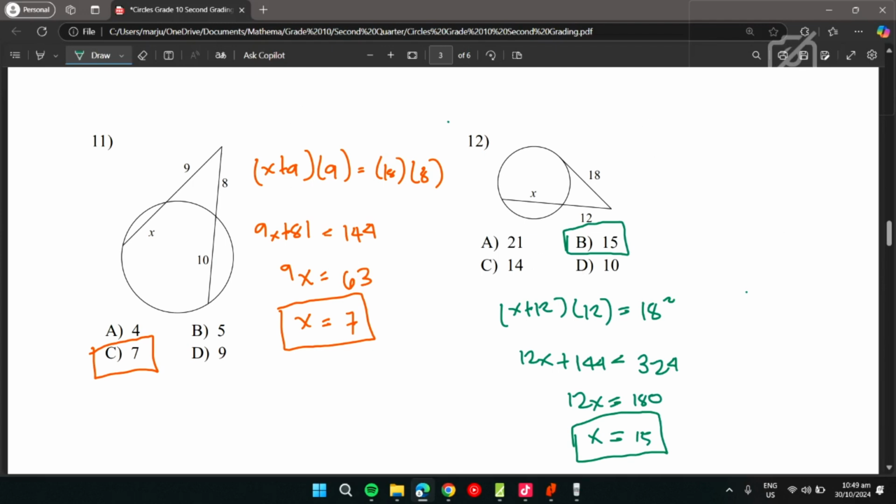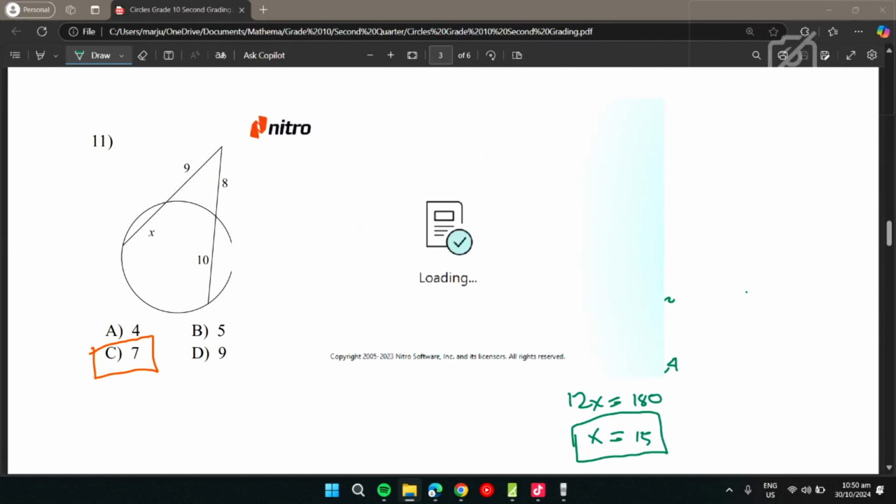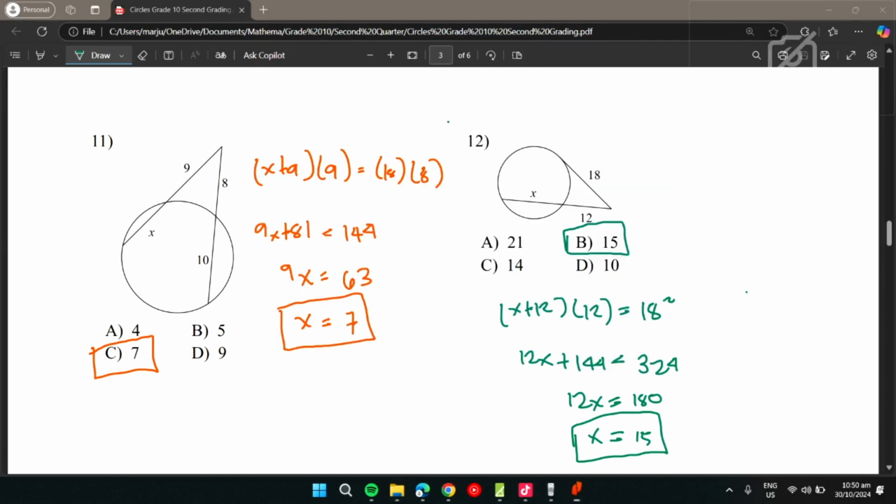So, again, I will be uploading this one sa ating Google Classroom. Upload ko to sa ating Google Classroom. Let me just do that na lang. Para meron kayong copy.